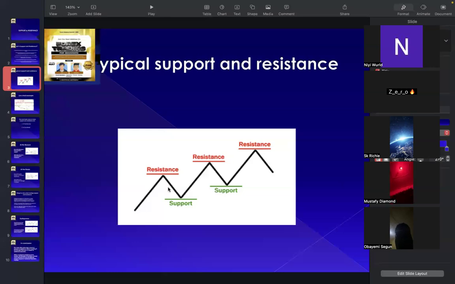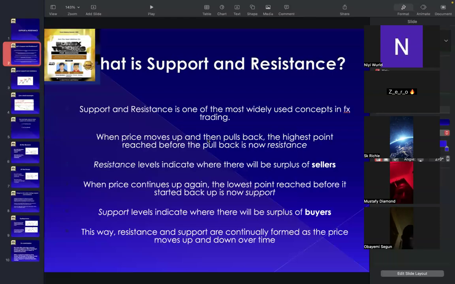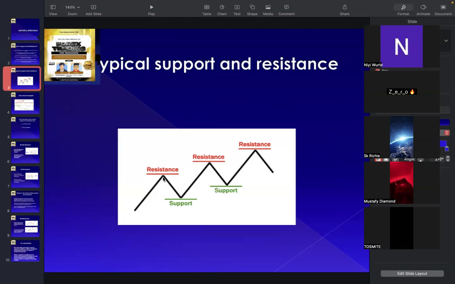So you see, this is a clear resistance and support. Resistance, if you don't forget, was the highest point reached before the pullback. If you see here, this is the highest point before the pullback, so here serves as resistance because the market pulled back.